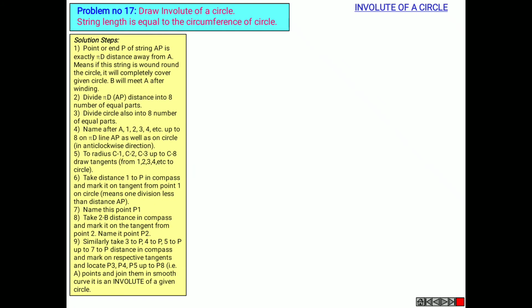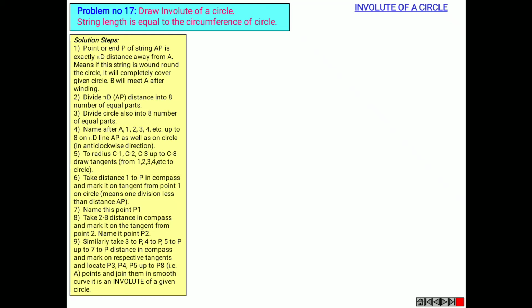We know the formula for circumference of a circle is 2 pi r or pi d. So the length of the string is also the same as the circumference of the circle. We will see the relevant steps one by one.